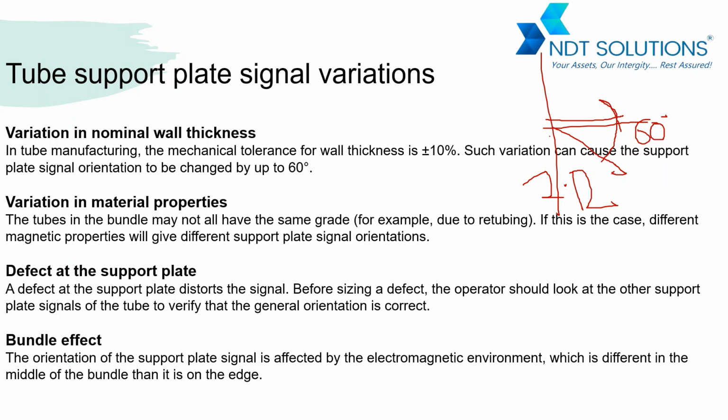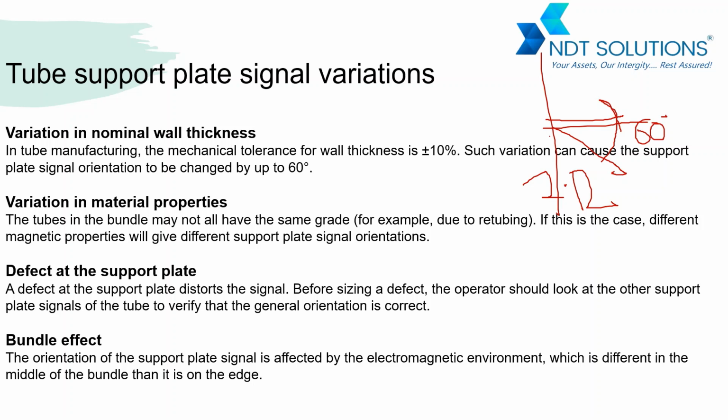If we pull the data from the periphery of the tubes or the first row of the tubes, it will behave differently compared to the data from in between the bundle. Why?